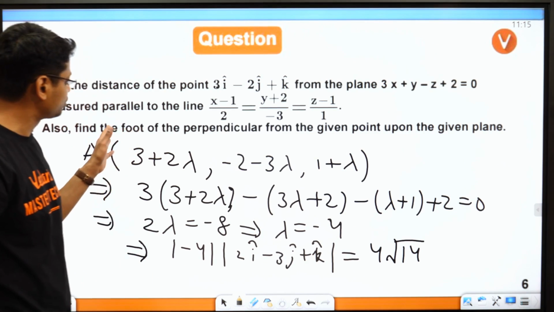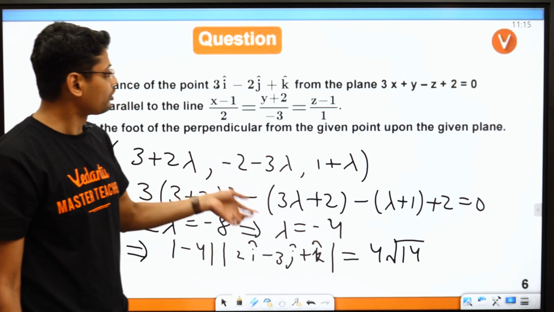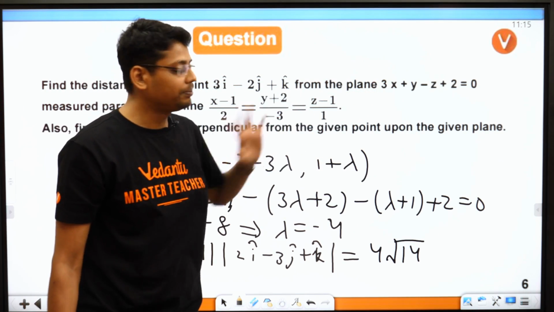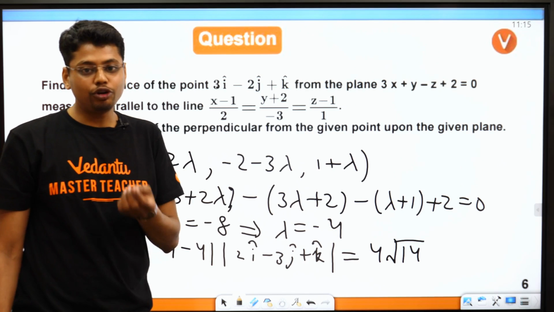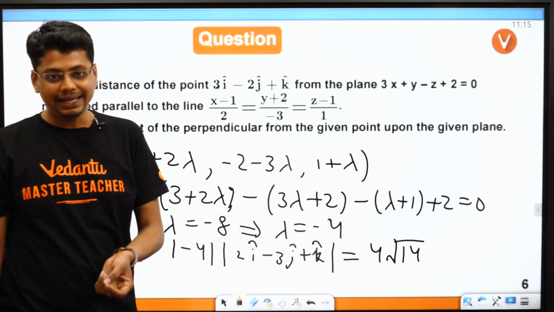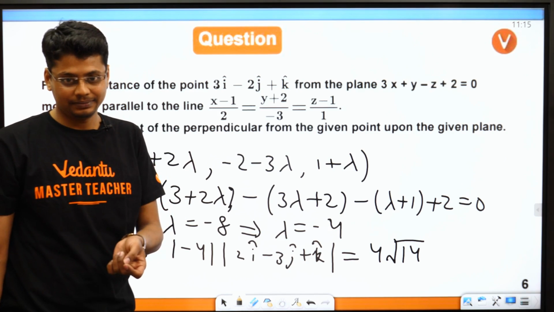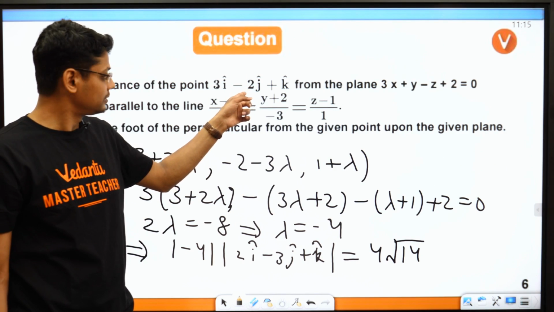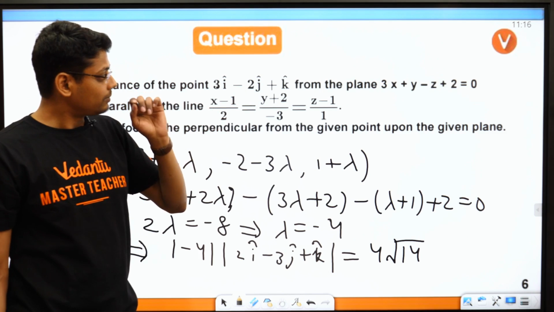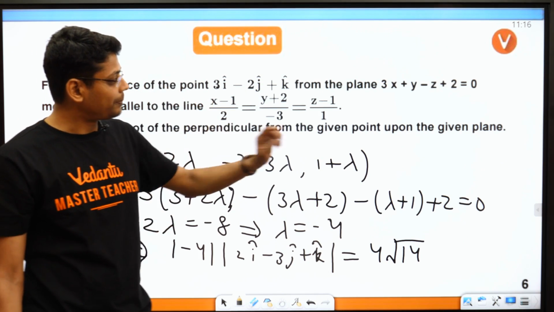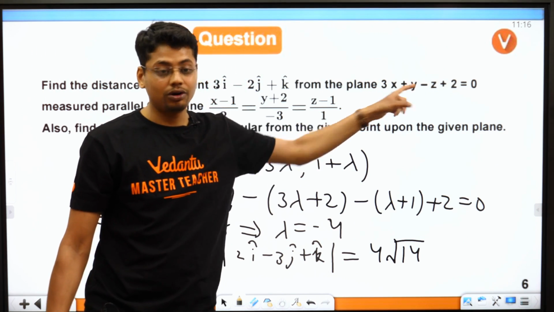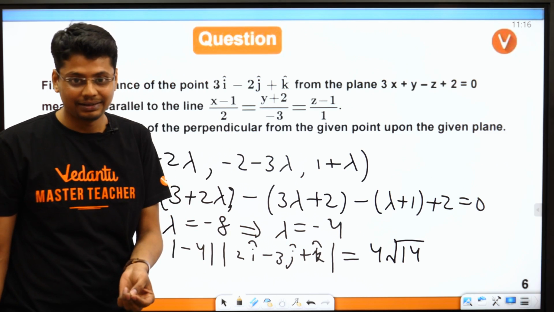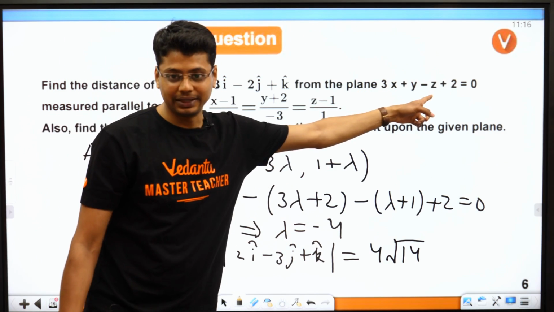Now we have been asked to find the foot of the perpendicular from the given point upon the given plane. Again, the foot of the perpendicular would lie along a line passing through this point, along a line which is perpendicular to this plane, or which is parallel to the normal vector to this plane.